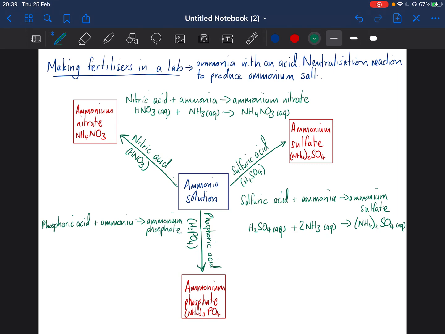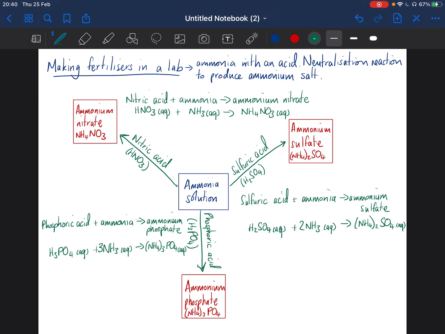And then our symbol equation for this one is going to be H3PO4 AQ plus NH3 AQ produces NH4 brackets 3 PO4 AQ as well. And I'm going to need to balance that again, so I'm going to put a 3 in front of my ammonia, and that's our balanced equation for this.